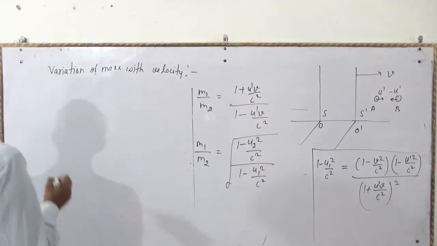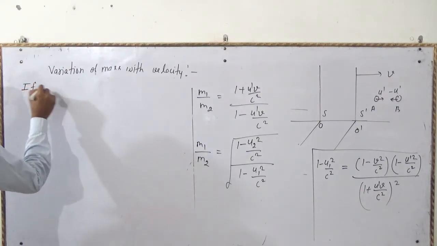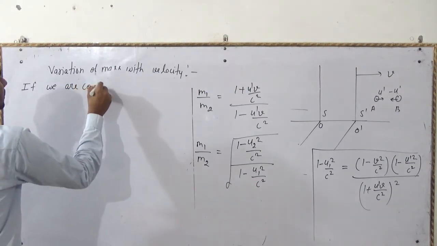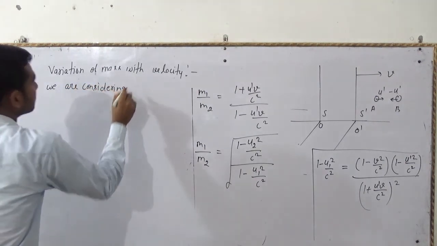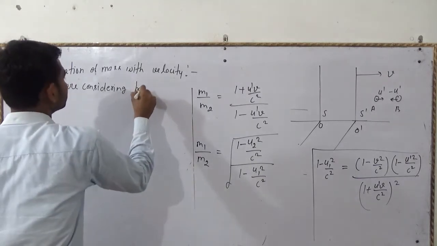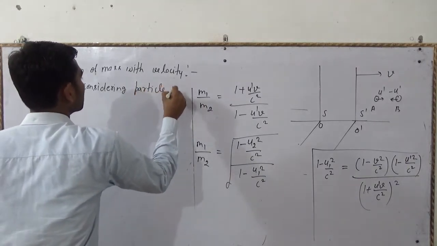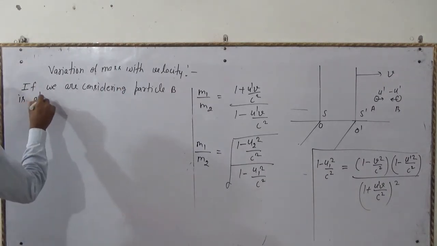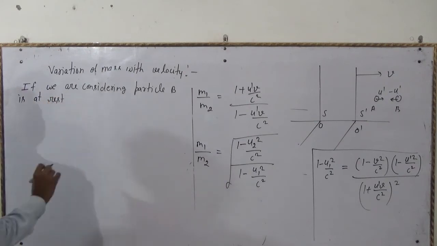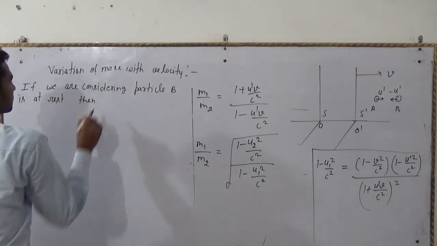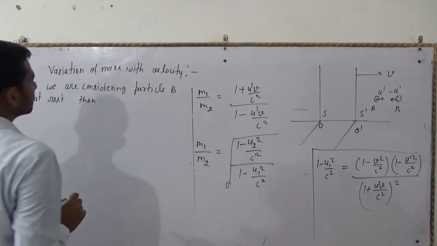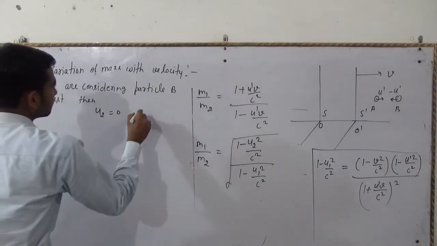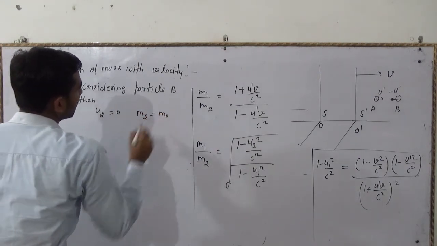So if we are considering particle B is at rest, then u2 is equal to 0 and m2 is equal to m0.